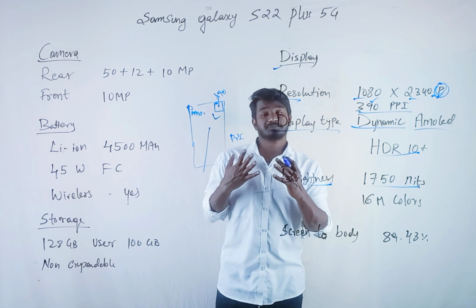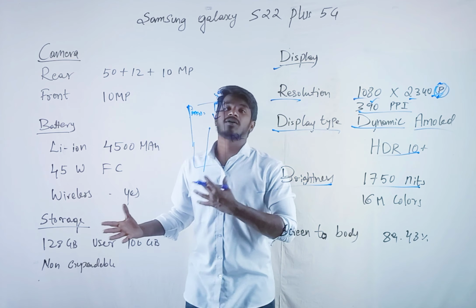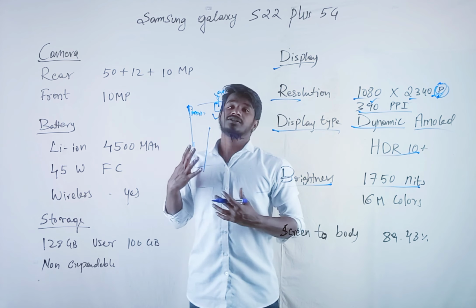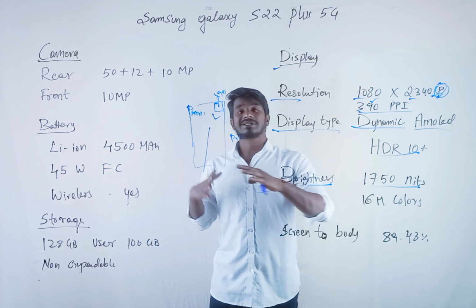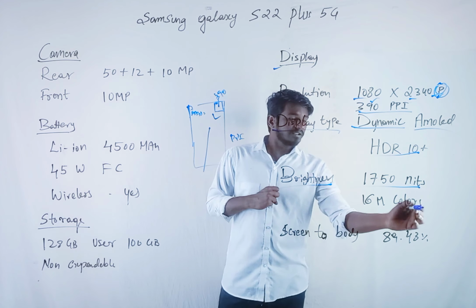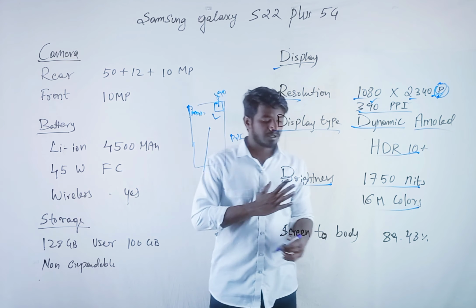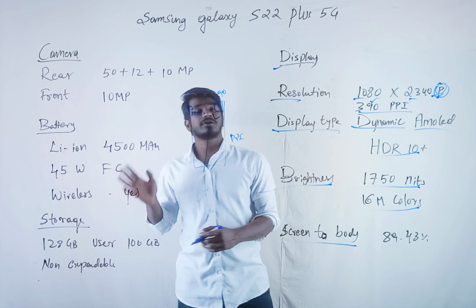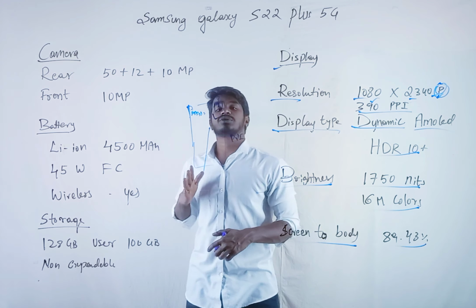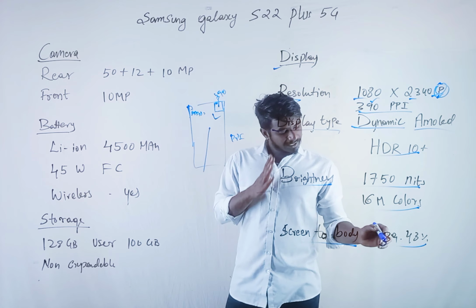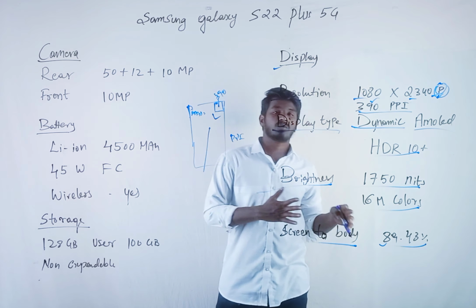Literally you can feel the light of the mobile in your eyes if you use it in the morning also, right? And it uses 16 million colors, and the screen to body ratio is 89.43%. I can say the standard one.